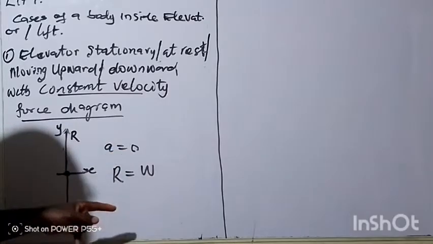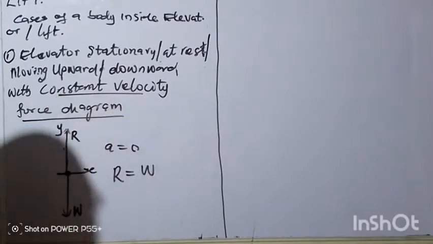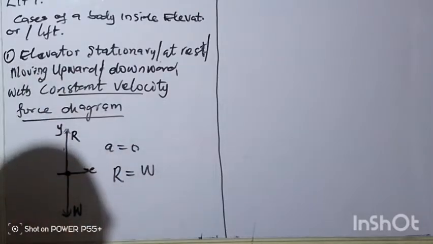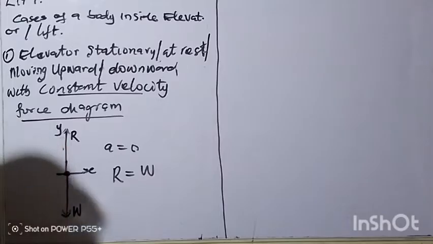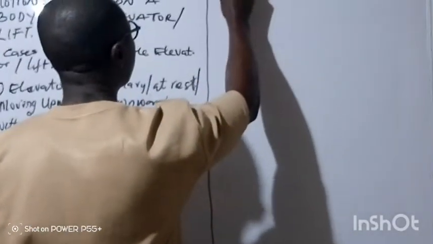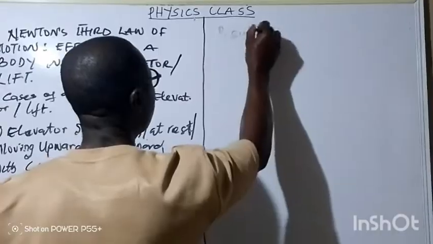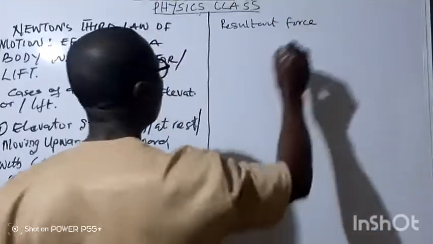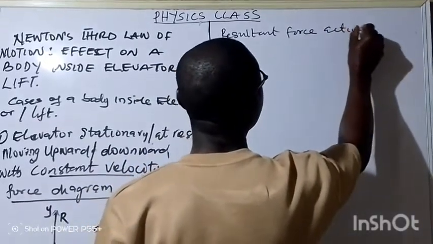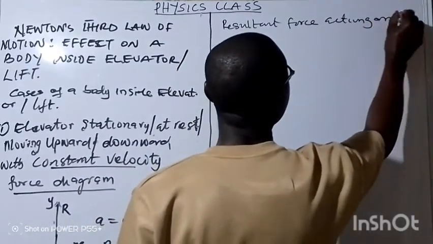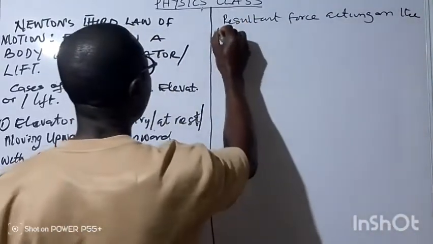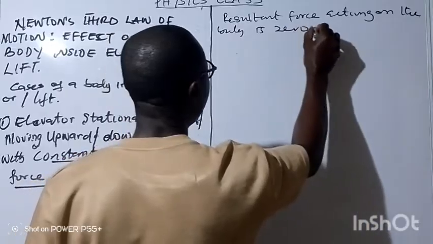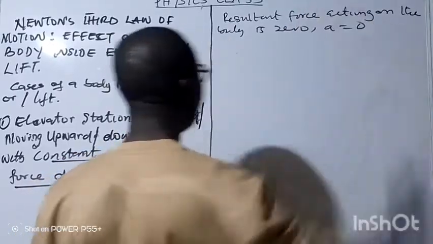Since a is equal to 0, because it moves with constant velocity, then the resultant force acting on the body is also 0, because a is equal to 0.